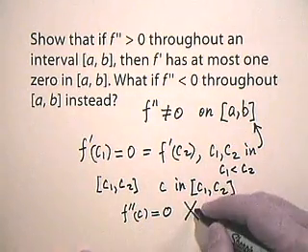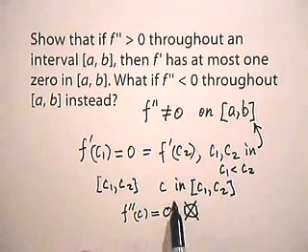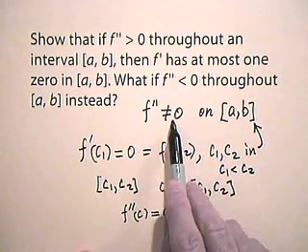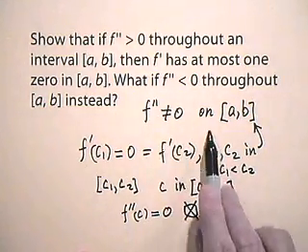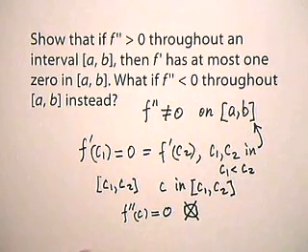And that's what we call a contradiction of our assumption that f double prime is not equal to 0 throughout the closed interval. So there, as a result of Rolle's theorem, we see that if the second derivative is non-zero throughout a closed interval, then the derivative can have at most one 0.